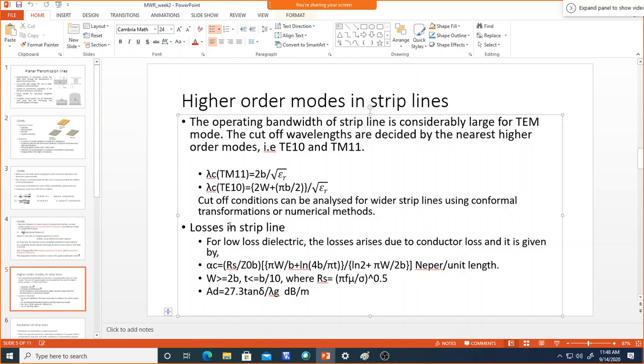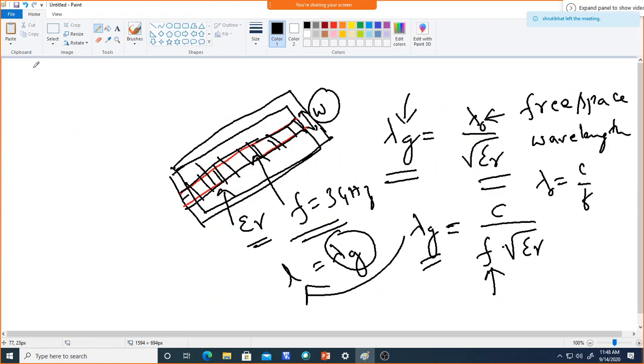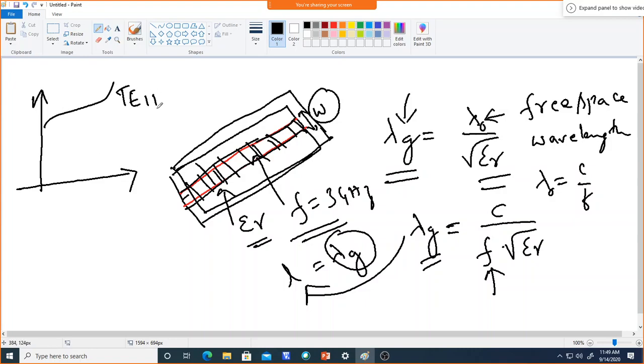Okay, so if you just plot the modes of propagation, the higher order modes, something like TE11, it will be like this, and generally TE10 and TM10.